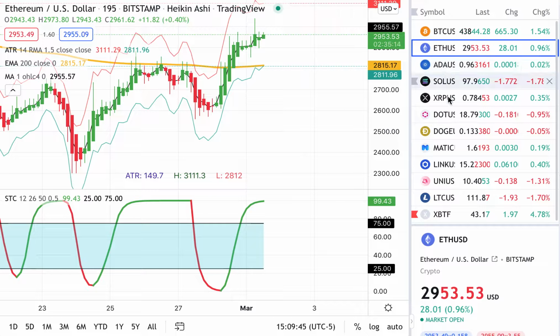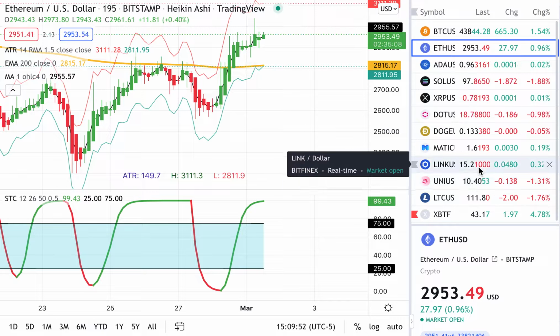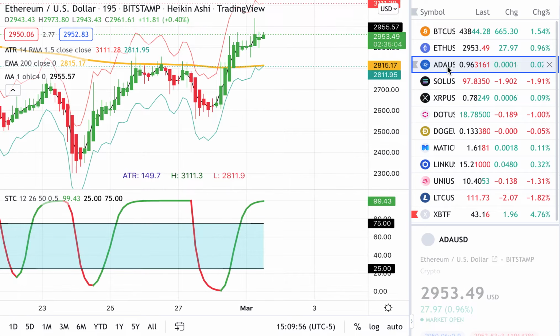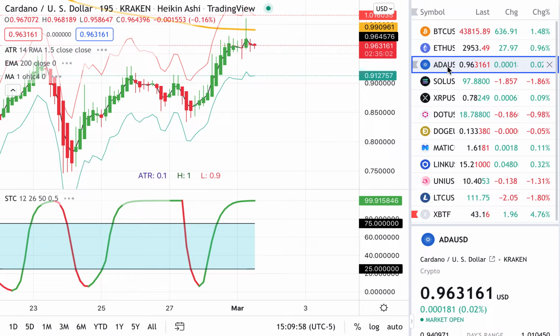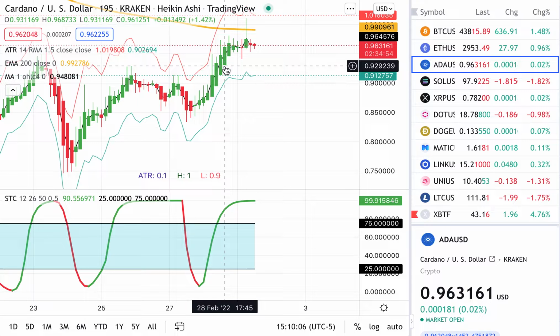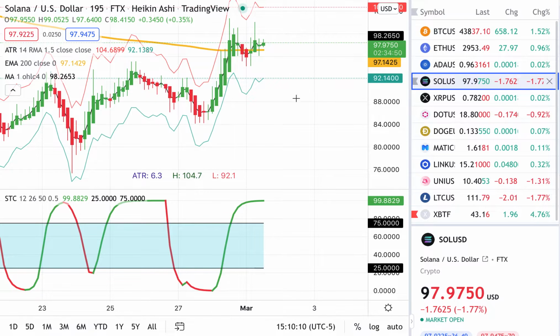If you look at where the rest of these various coins are, they're sort of varying across the board. The big ones have been moving in the right directions. I've not done any practice trading on any of these others. You can see that Cardano is below the 200 period moving average, so you wouldn't be looking to practice trade that.